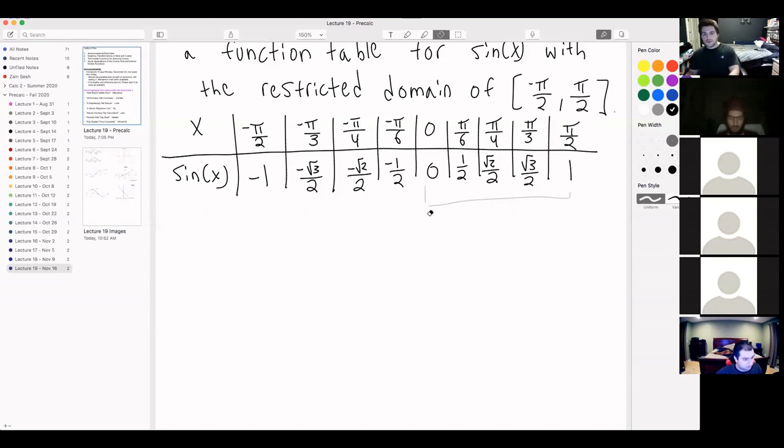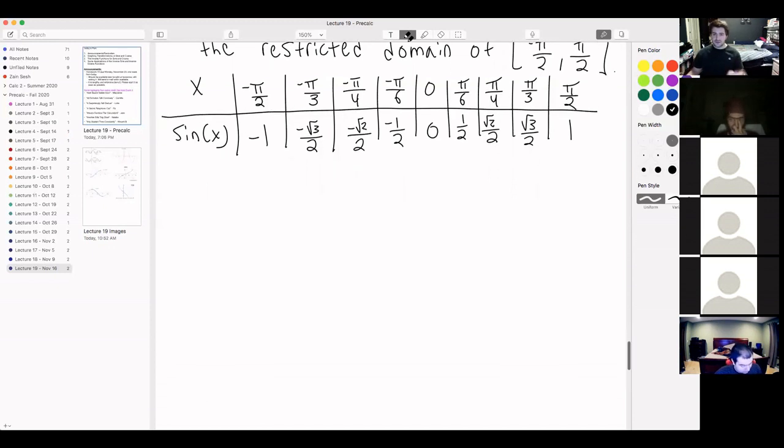All right, so we're not done yet. This is just the function table for sine of x. But it's very easy now to get the function table for arc sine of x. The inverse, you just have to flip the inputs with the outputs.